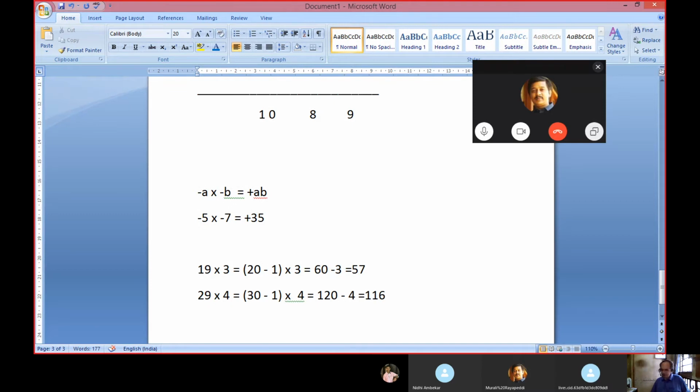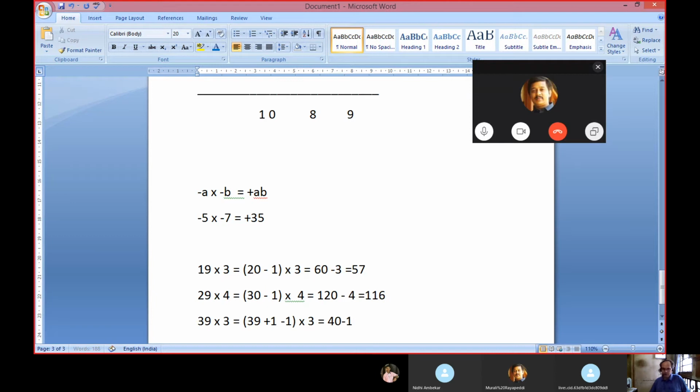So what you are basically doing? So 39 times 3. I will do 39 plus 1 minus 1 times 3. Instead of asterisk, I'll put a cross so that you get an idea. So what do you get? 40 minus 1 times 3.